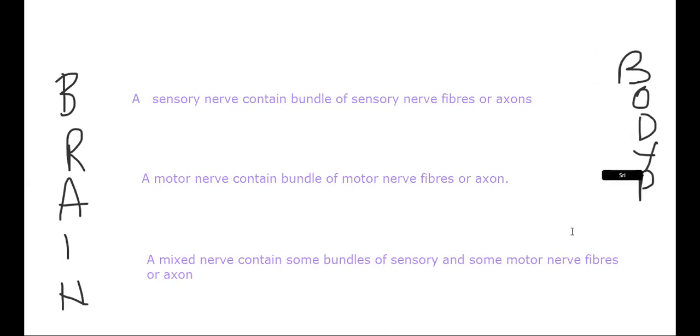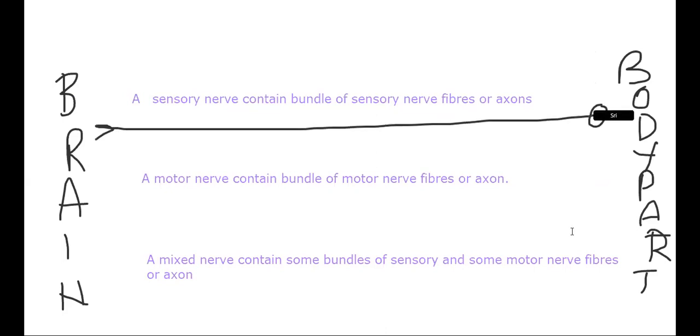I am trying to show in a single page whatever we learned here. Okay, so a sensory nerve contains bundles of sensory nerve fibers or axons, isn't it? So from where I should come, I should come like this. Bundles I have to draw with a small gap. That means we need to take a small pencil.